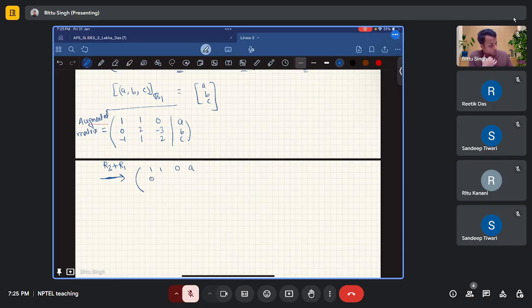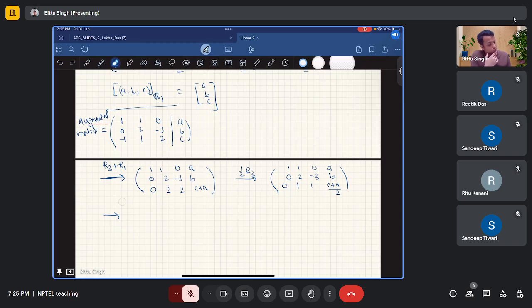We get 1 1 0 | a, 0 2 -3 | b, and 0 2 2 | 2c plus a. Now take half of R3. This will give you 0 1 1 | (c plus a)/2, and everything else is the same: 1 1 0 | a, 0 2 -3 | b. First it is better to exchange those two rows.